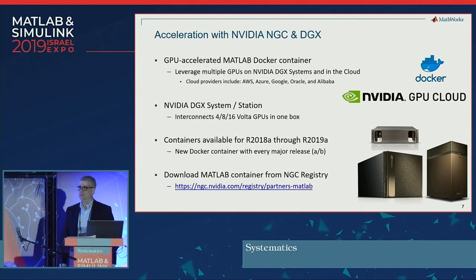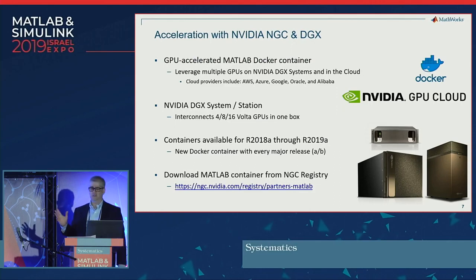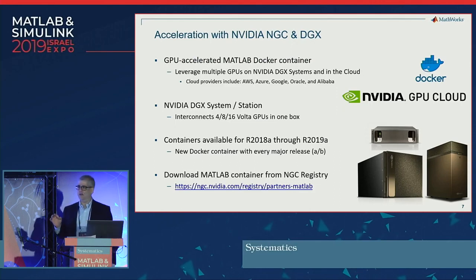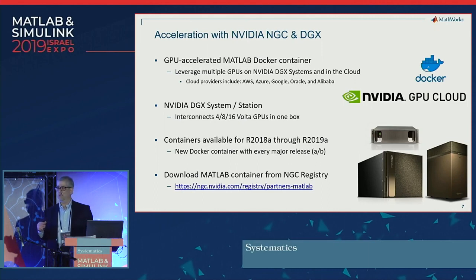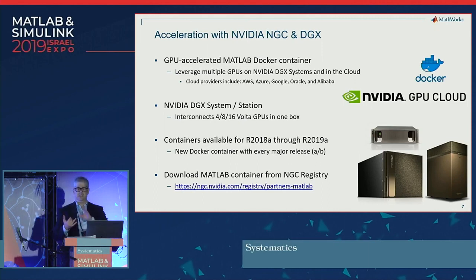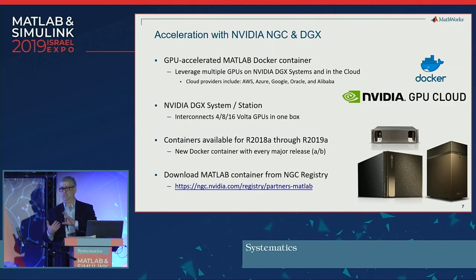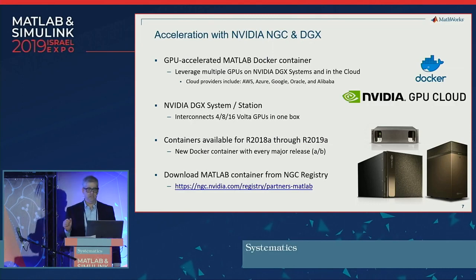Even going beyond GPU support in the products, we now have, this is brand new, only maybe about 9 months old, a container in the NVIDIA GPU cloud, that's NGC, Docker repository, a container that has image processing, computer vision, signal processing, deep learning, statistics, pretty much anything an imaging person would need.